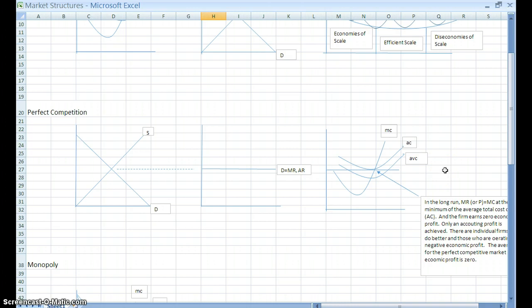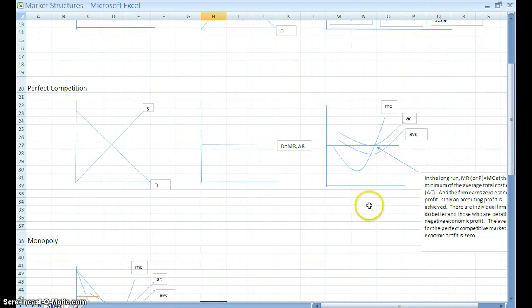That doesn't mean a bad thing. It just means that they have an accounting profit, but the amount of money they make on what they've invested is equal to their best alternative. If they were to go into something else, their best alternative would not produce better results than where they currently are. So they stay in the farming business, making an accounting profit, knowing that that's their best alternative.